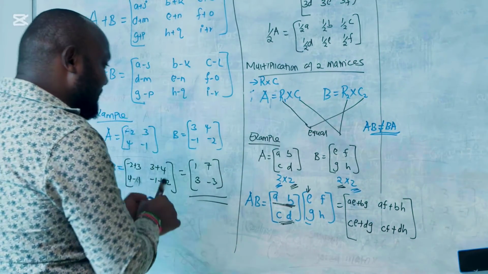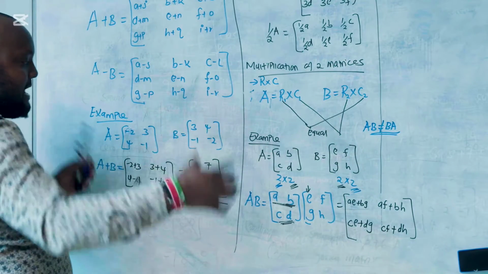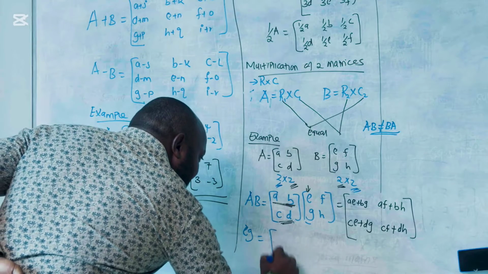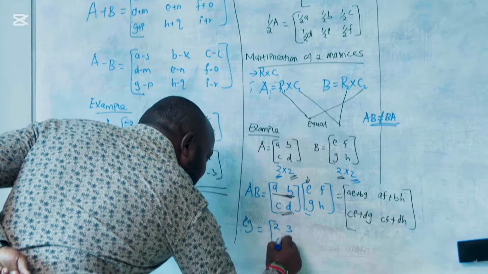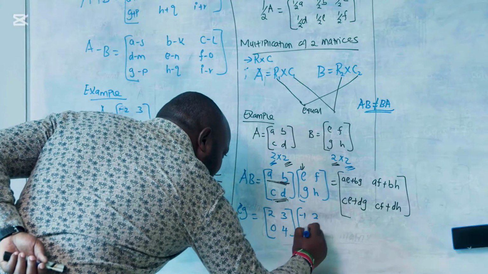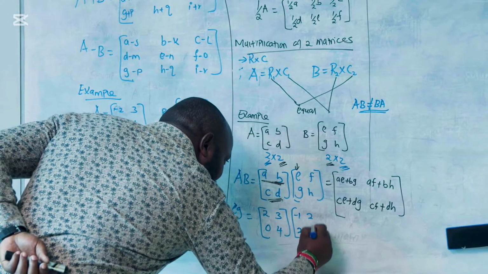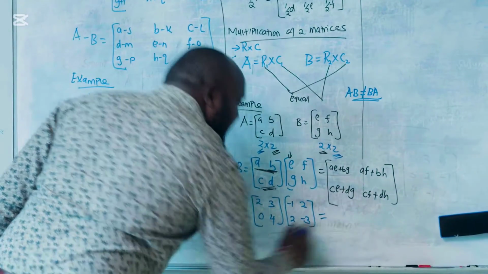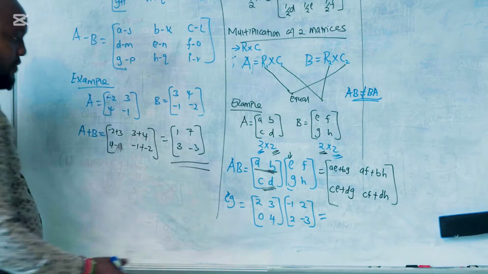Let's take an example before we look at a situation where we have a bigger matrix. I'm having 2, 3, 0, 4. I'm multiplying with negative 1, 2, 2, negative 3. How do we multiply this one? As I have told you, it's simple.